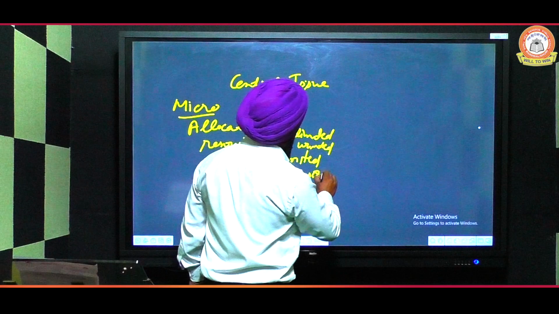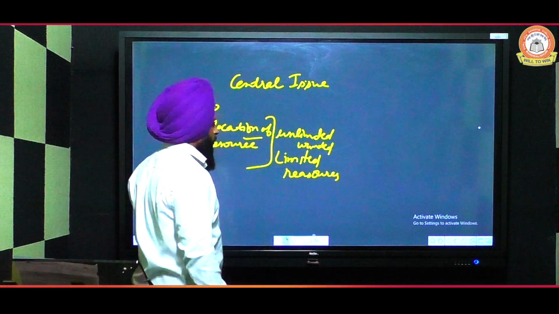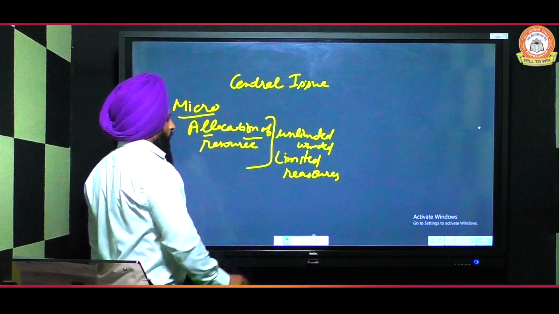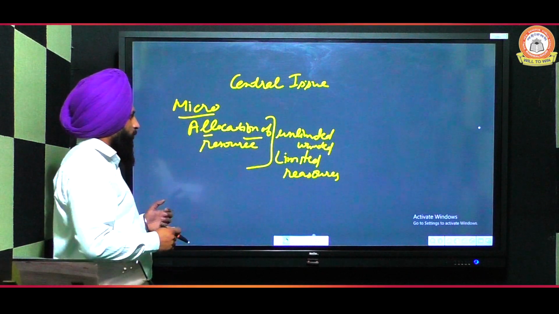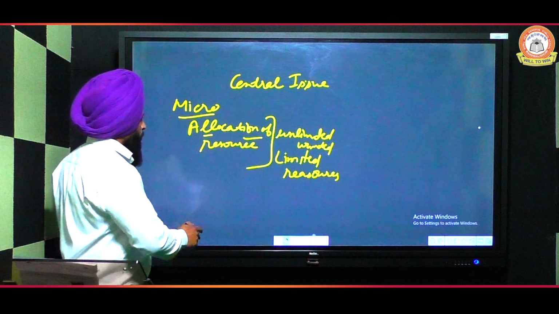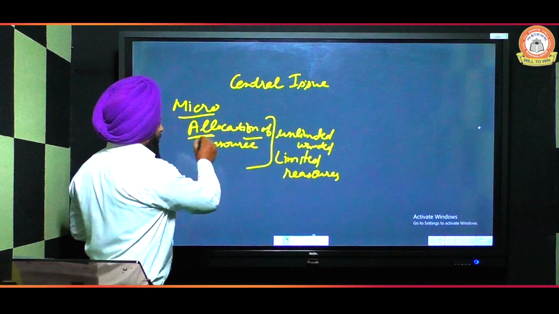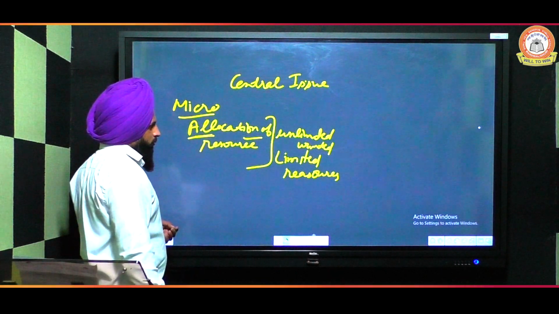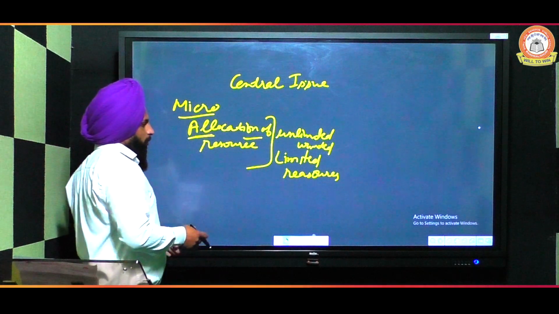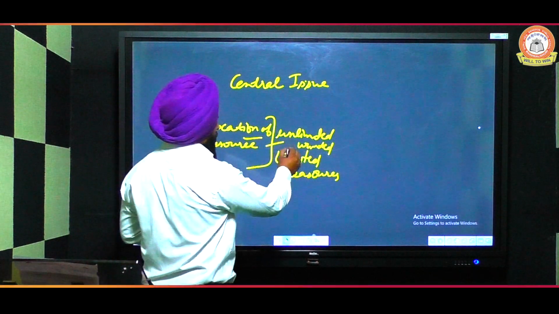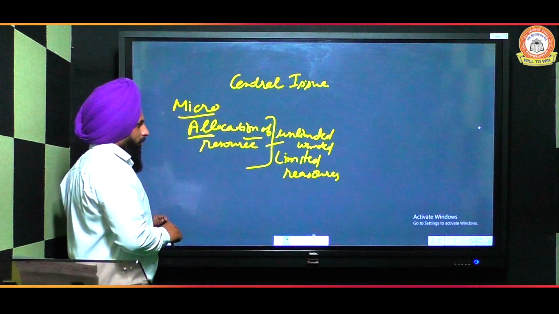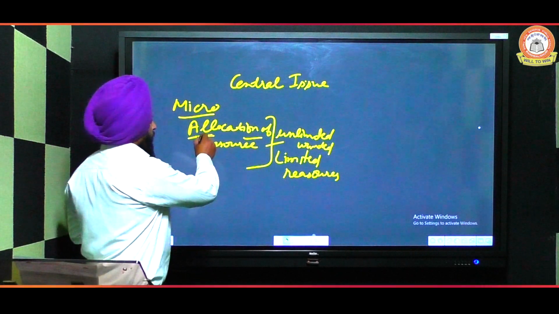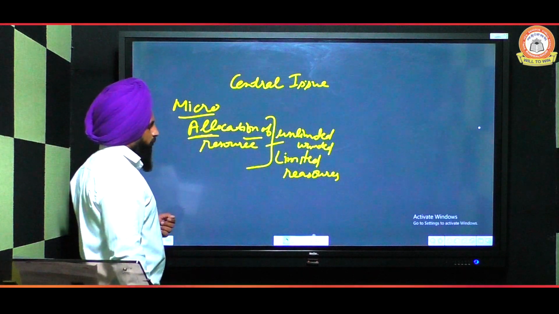To fulfil our needs we always need to choose which thing to use. Whenever we use resources for unlimited wants, they will end within some period. That is why we need allocation of resources.